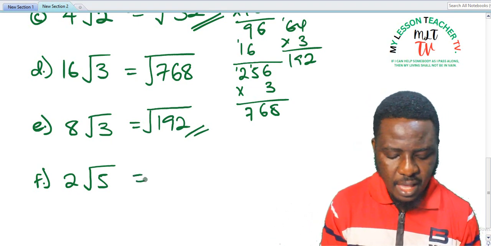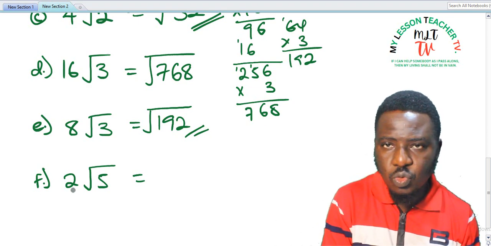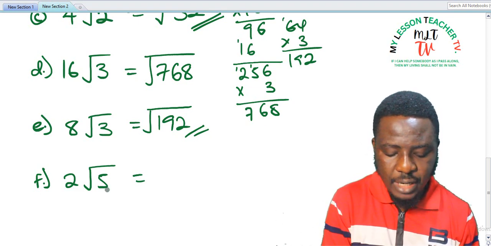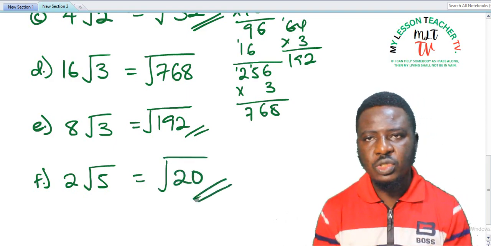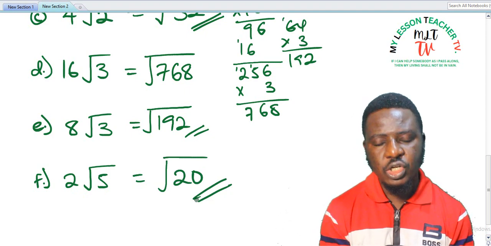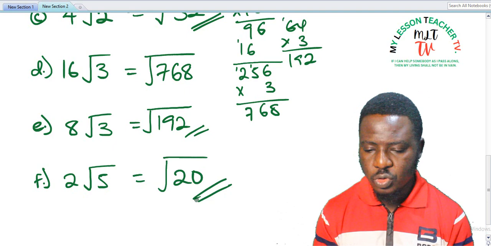And finally, F, 2 root 5. The square of 2 is 4. 4 times 5 is 20, and this gives you root 20. So these are the shorter ways you can use in conversion from basic surd form to single surd form.